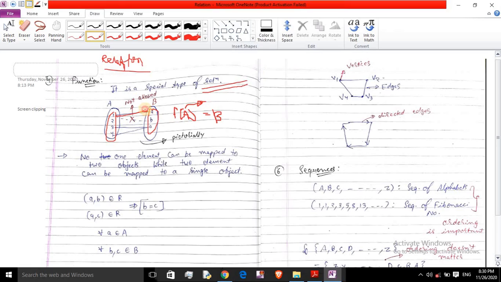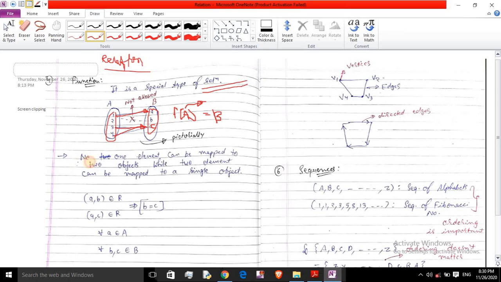Element number 1 is mapped with A of the set B, and the third and fourth elements of set A are mapped with the C element. These two elements of A are mapped with the same element of B. It is possible in a function.